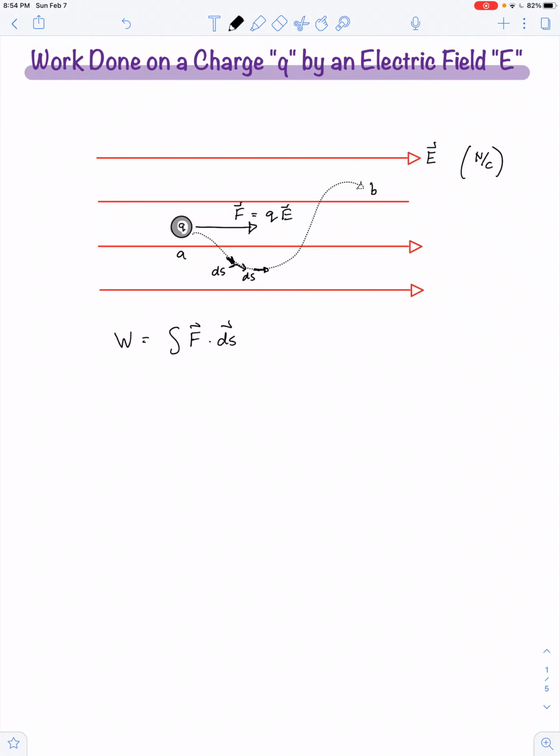And in some points, like this one, ds is parallel to the electric field. And for some other small parts of the displacement, ds is nearly perpendicular to the electric field. Anyway, by summing up every product of the force at each location and some small incremental path, we can total up the amount of work done as the charge moves from point A to point B.